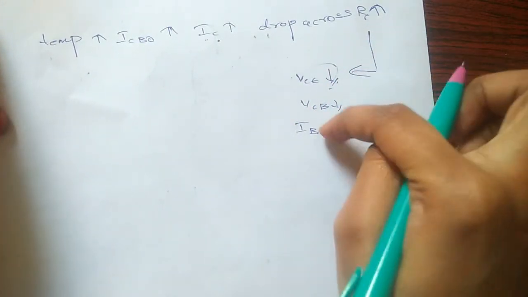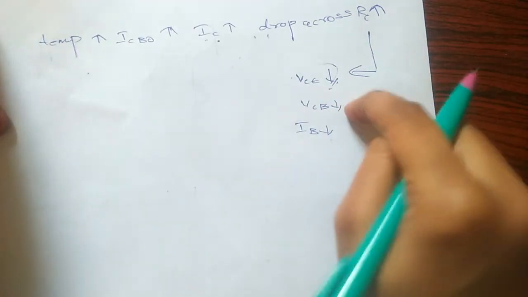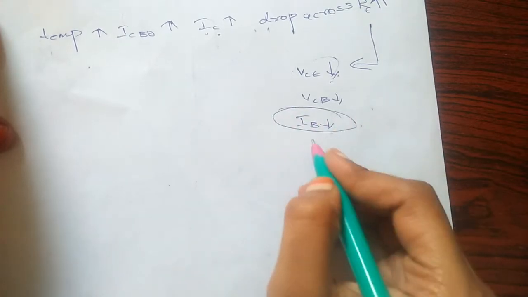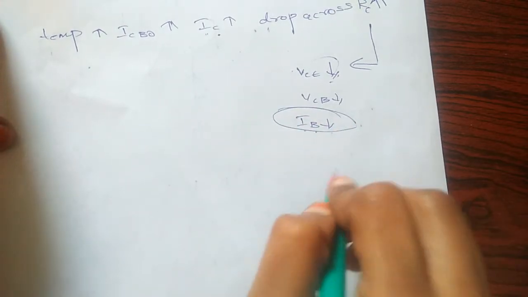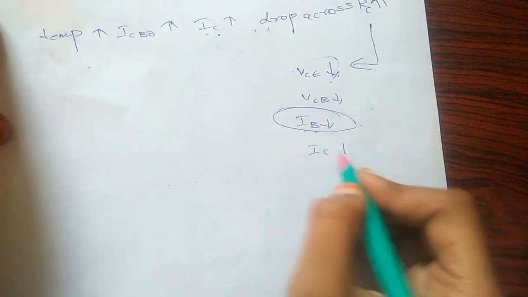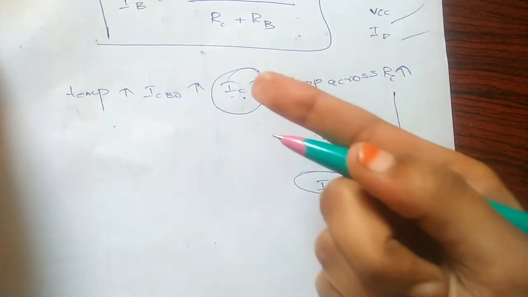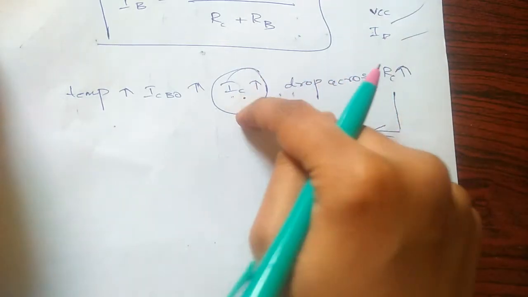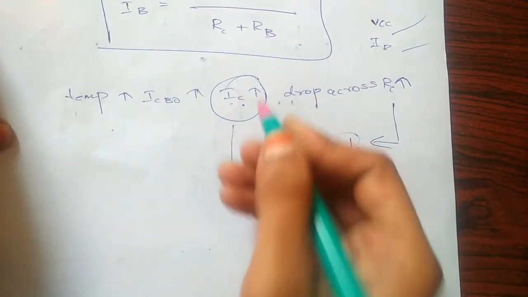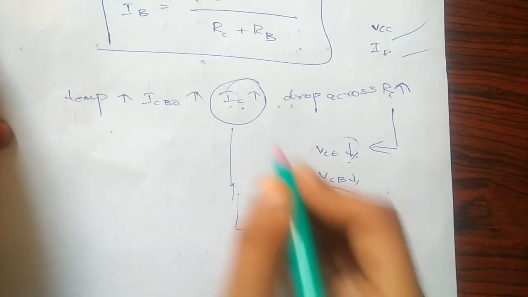So further it decreases IB, as it is decreasing the voltage VCB. Further, as IB is decreasing, IC will also decrease. So how much IC increased in the previous step, that much it will decrease again.